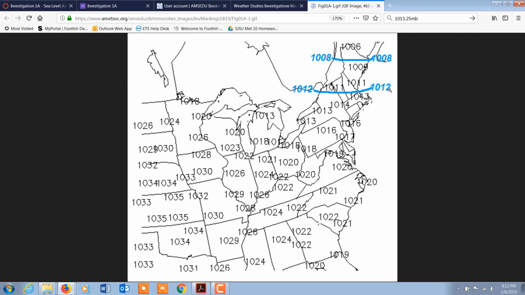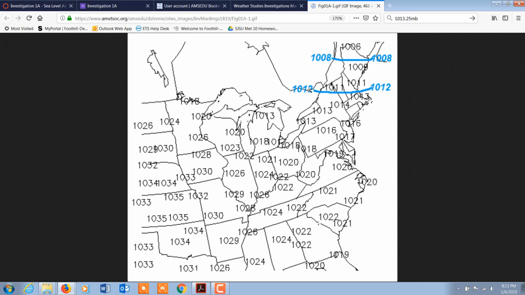And the interval is simply how many millibars you go between two of these isobars. So here we went from 1,008 to 1,012. That's a difference of 4 millibars. Now, based on that logic, the next isobar we would draw is for 1,016, then 1,020, and so on.